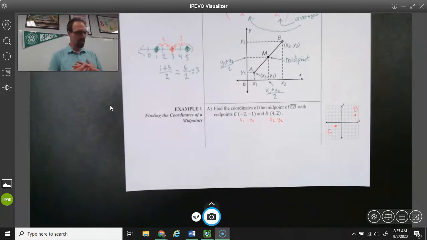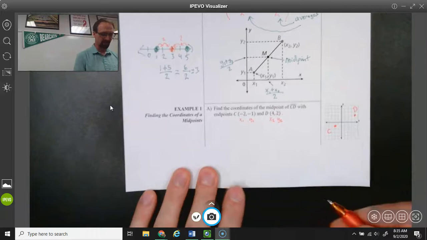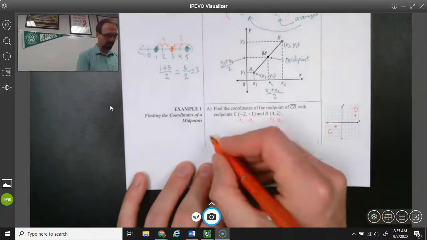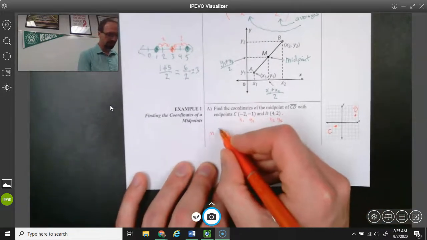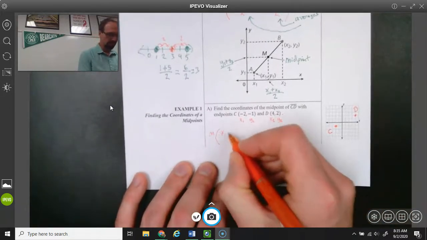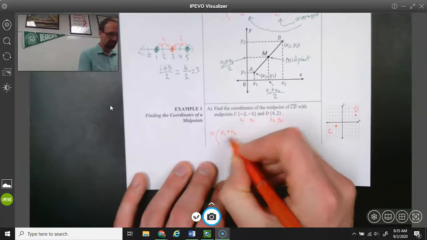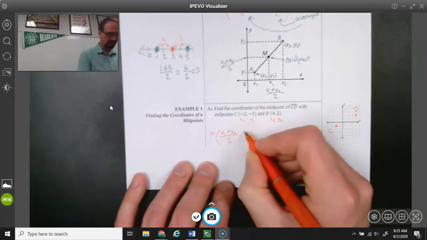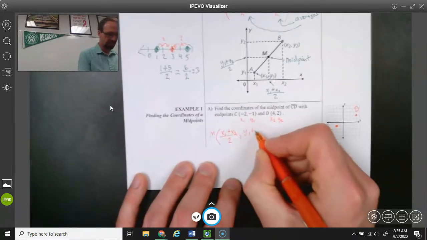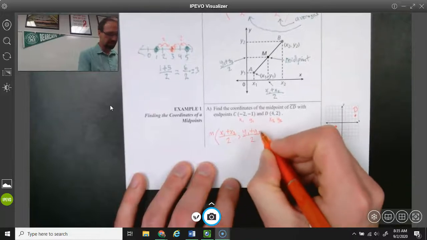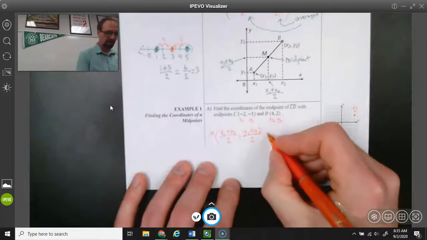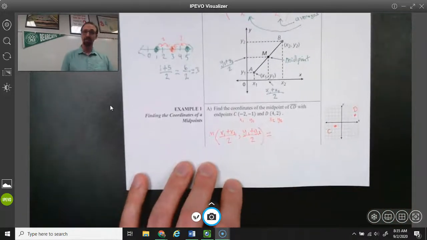I'm going to copy out the formula just so that I have it off to the side. That will help me as I go through and solve this. So I know that I'm going to be taking x sub 1 plus x sub 2 divided by 2, and y sub 1 plus y sub 2 divided by 2. Knowing these, I'm going to substitute the values.